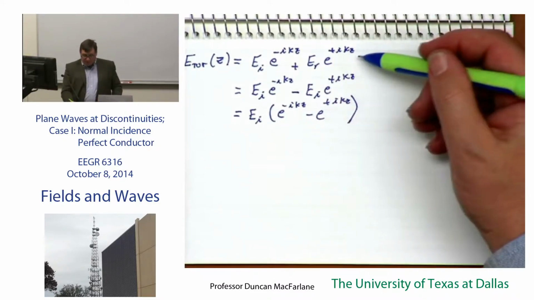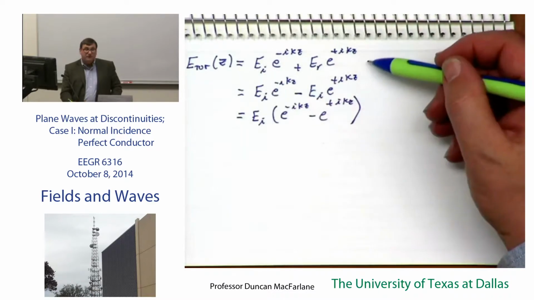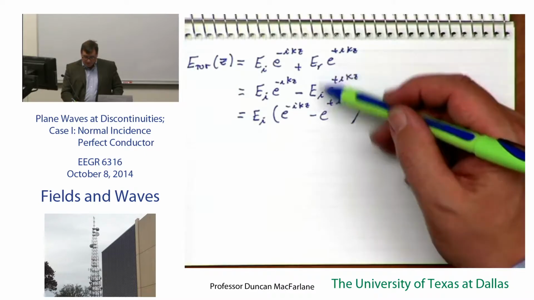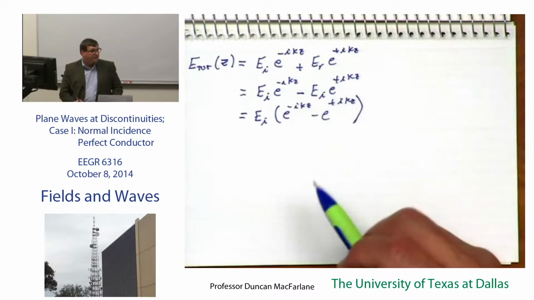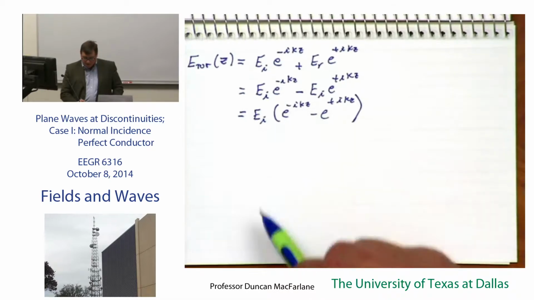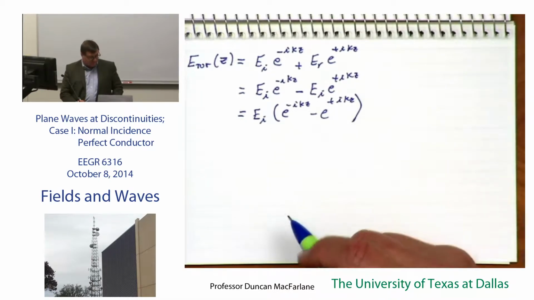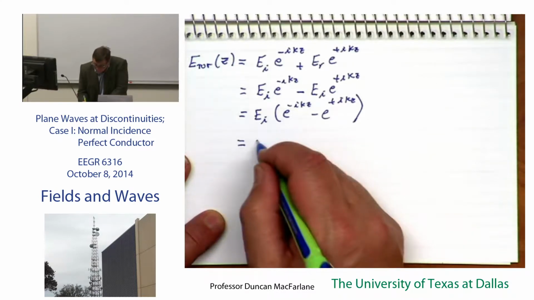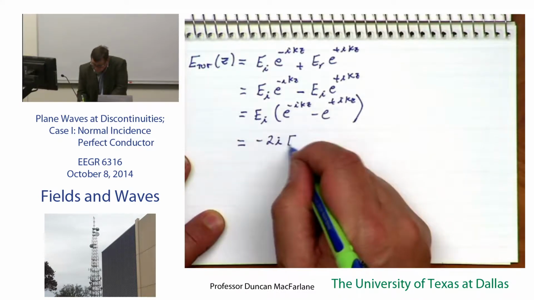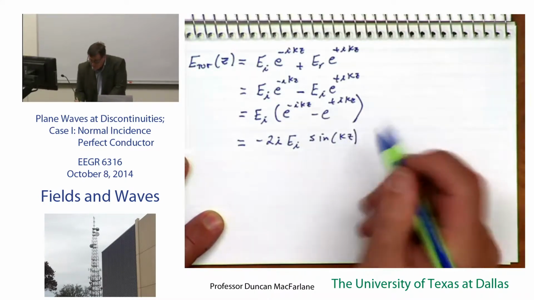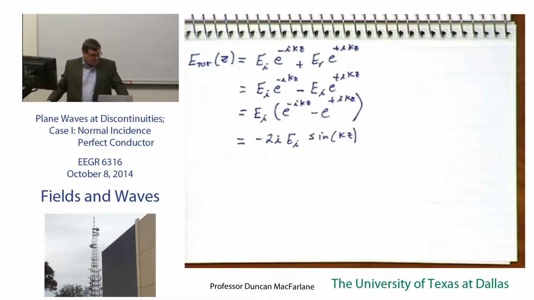So here's my total field at all points in z. I know something about ER. It's equal to minus EI. If I factor that out, I get an e to the minus ikz and a minus e to the positive ikz. And if I remember my Euler's relationships, I can write that as the sine of kz.